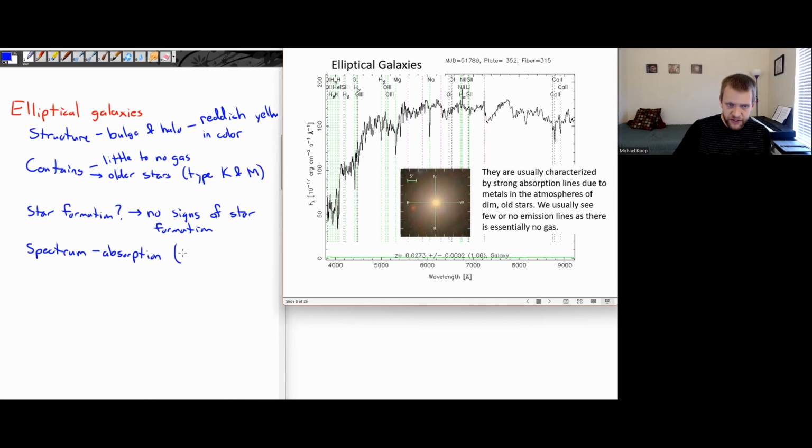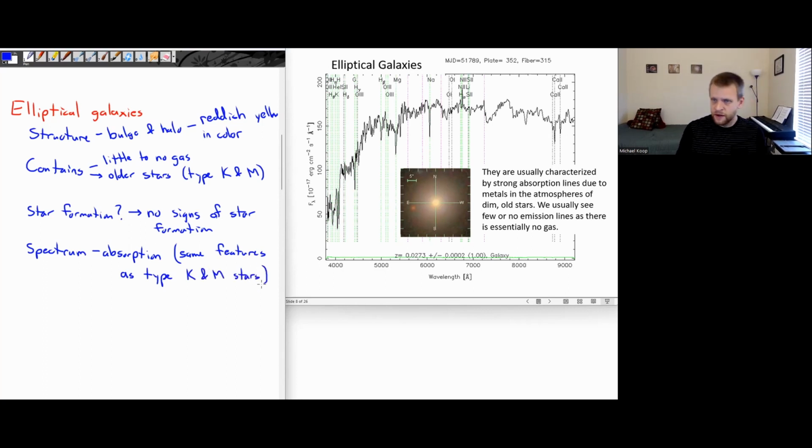So it's the same features that you get for lower temperature stars. Same features as type K and M stars. Those are generally lower temperatures. So again, the spectrum overall looks like it's close to a thermal spectrum.